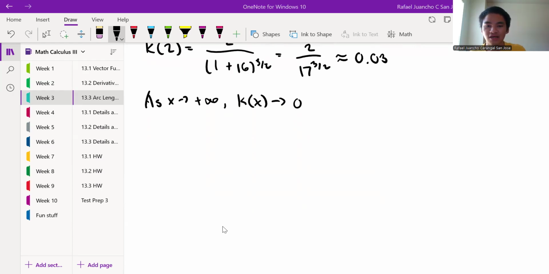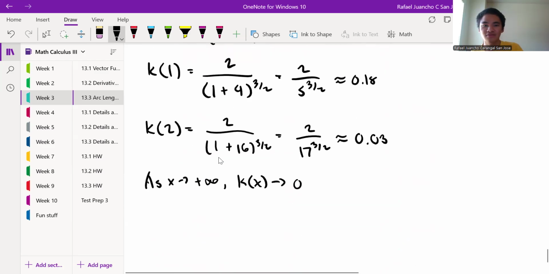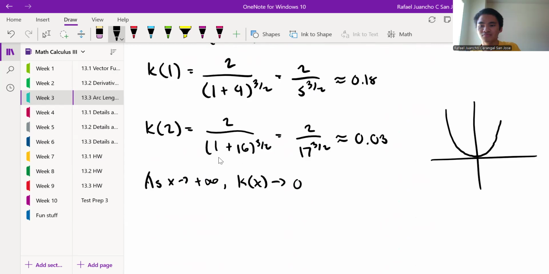Because if I do a parabola, I start here. Now that's slanted, right? Then I go here, then I go here. And at one moment in time, it's going to be straight, where there's no curves at all. So my curvature is actually just approaching 0. So yeah, that's a fun fact.